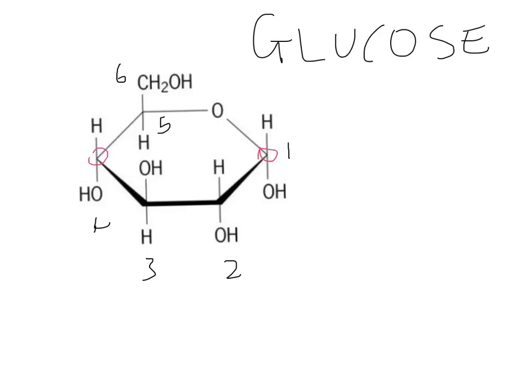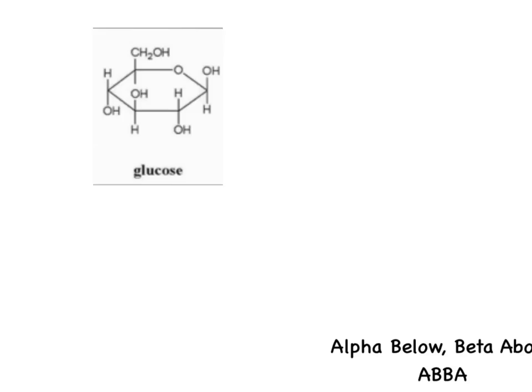polysaccharides. Now, glucose is also able to show what we call isomerization. This particular diagram shows alpha glucose, but there is also beta glucose, which is shown in this diagram here.